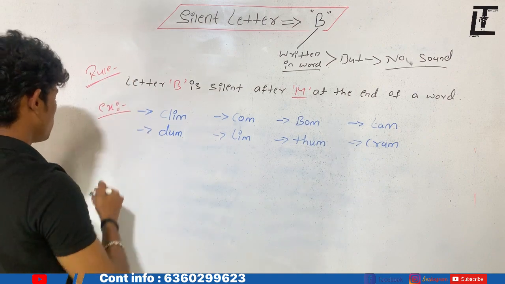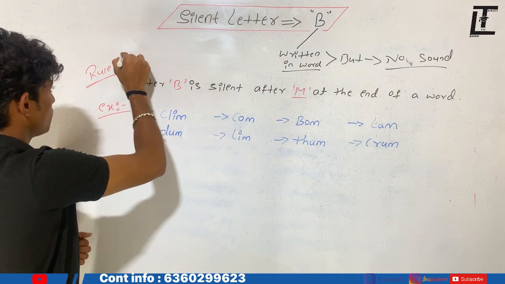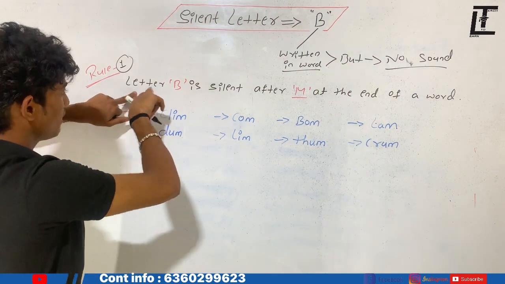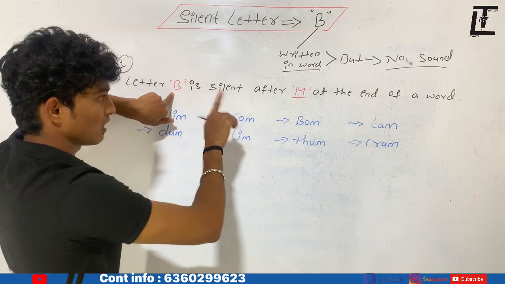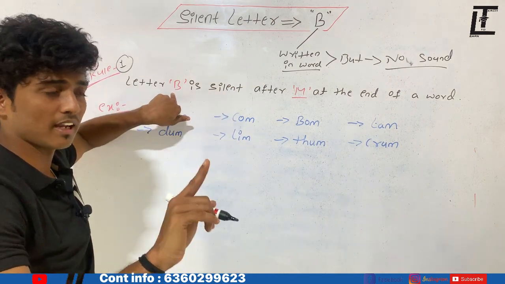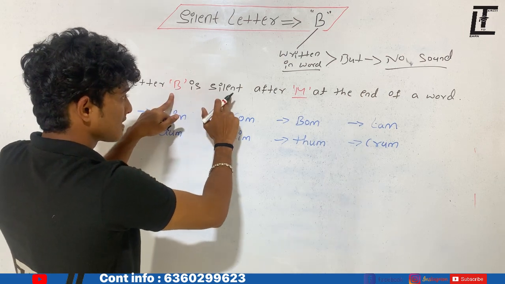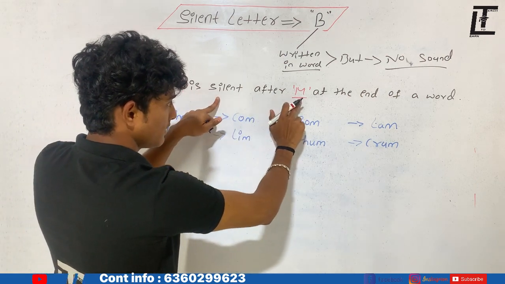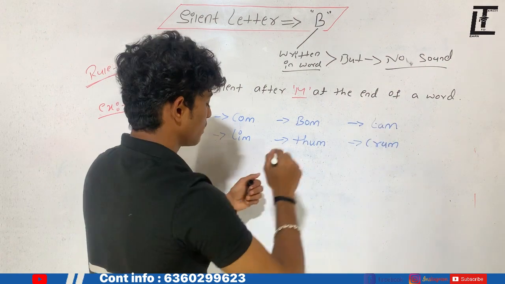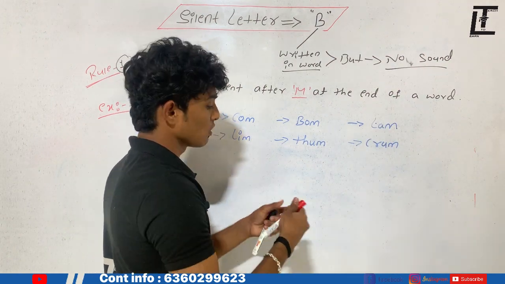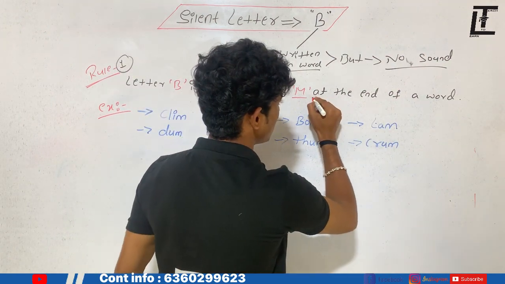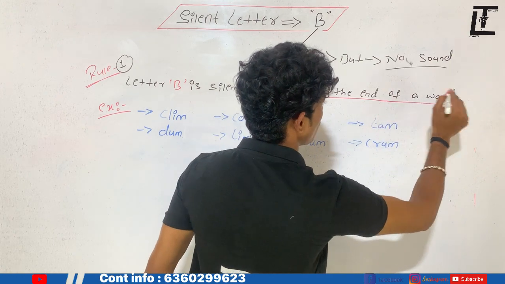Rule number 1 says, keep in mind and listen to me carefully, letter B is silent after M at the end of the word. Do focus on this line, at the end of the word.